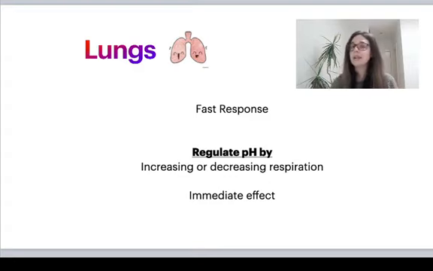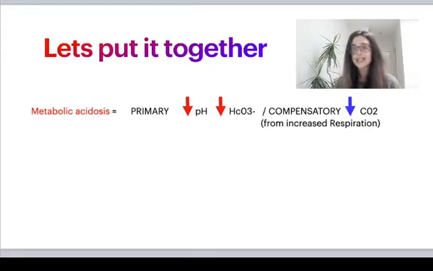At the same time, if the patient is too base or too alkaline, they might try to hold on to some CO2, some acid, by reducing respiration. It can only do that so much, as the patient still needs to oxygenate, but it is the compensatory mechanism that can happen. Pretty interesting.